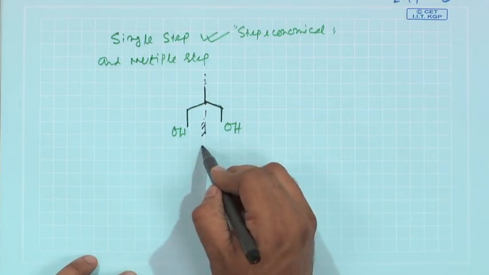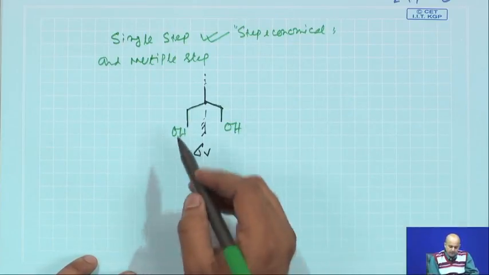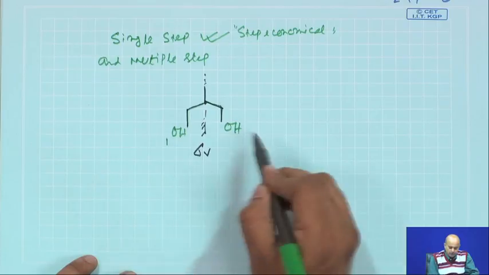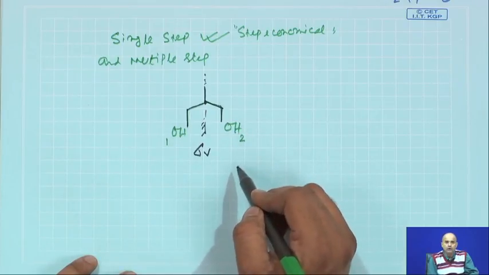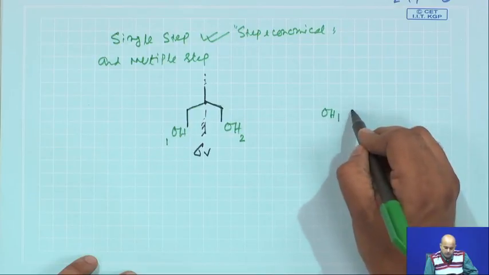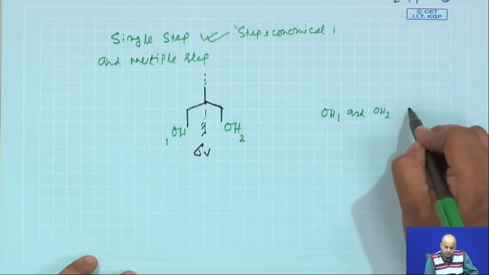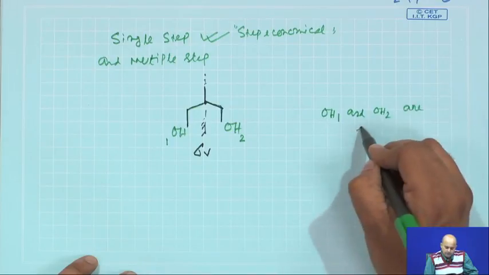So, sigma v, fine, and the presence of the sigma v basically makes OH1 and OH2 enantiotopic to each other. So, OH1 and OH2 are enantiotopic.